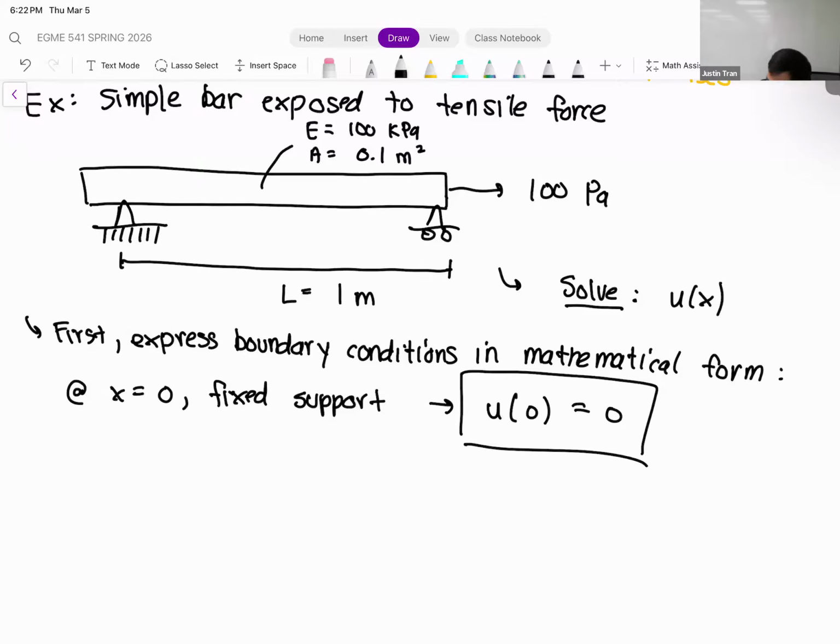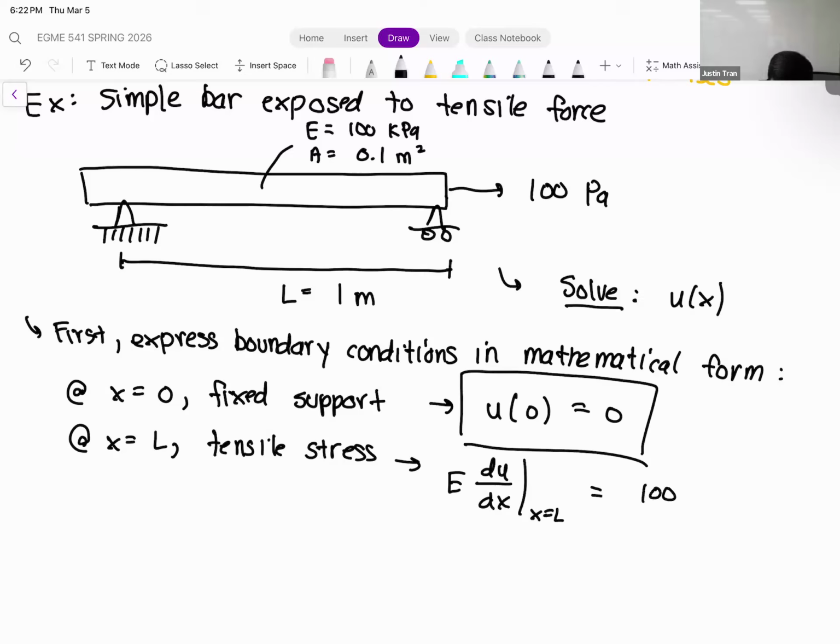Then at the other side, at x equal to L, we have a tensile stress. The way that's going to look is that we have Young's modulus multiplied by du dx, evaluated at x equal to L. This is going to equal a positive 100.